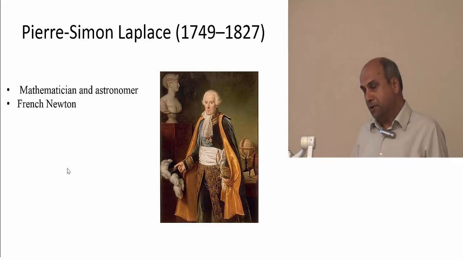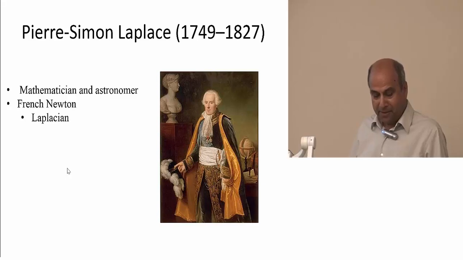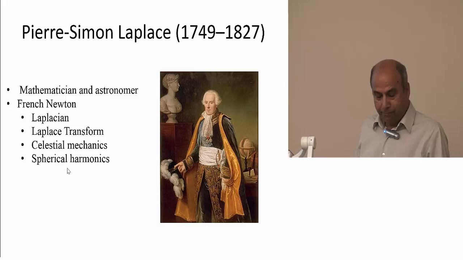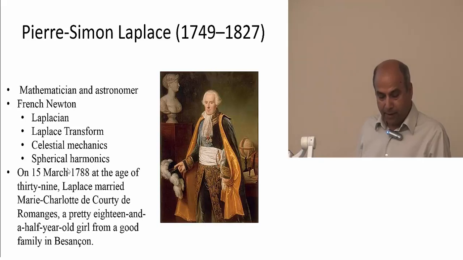He was considered the French Newton. Every country used to have an equivalent Newton. Leibniz was the Newton of Germany, and this guy was the Newton of France. He came up with lots of interesting ideas: the Laplacian, the Laplace transform, celestial mechanics, spherical harmonics, and so on.